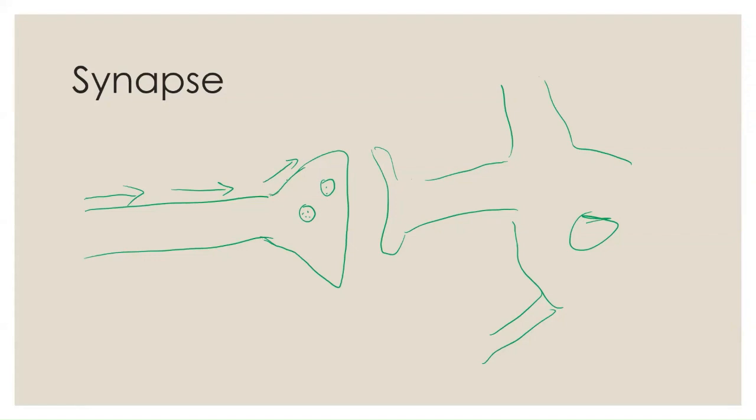So when the impulse reaches here, it will stimulate these vesicles to come to this surface, the terminal end, and release this neurotransmitter. And these dendrites have receptors. These receptors receive this neurotransmitter and convert this chemical reaction into an impulse. And this impulse will be carried to the next nerve.